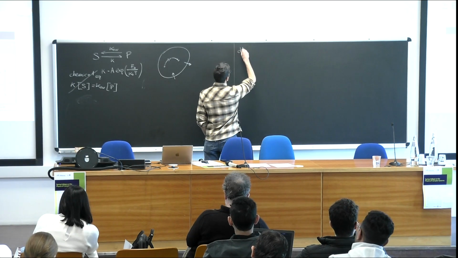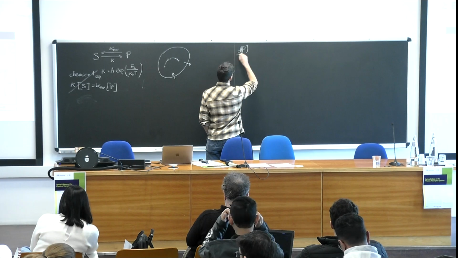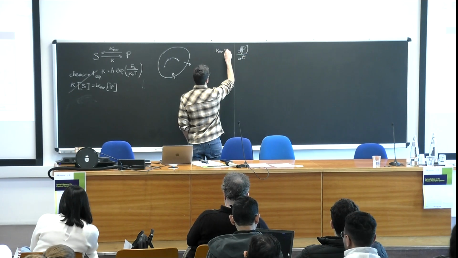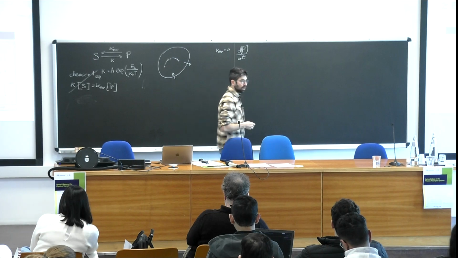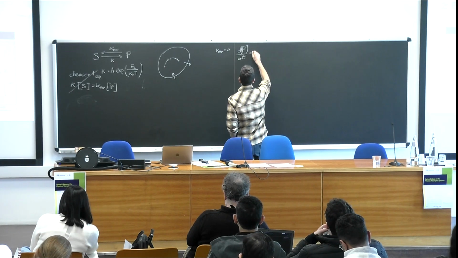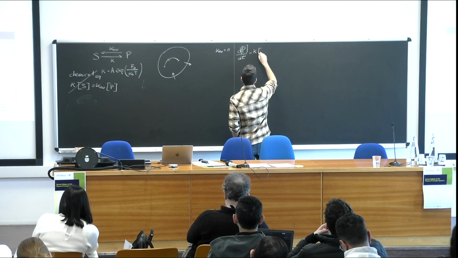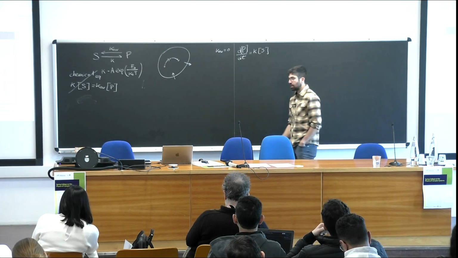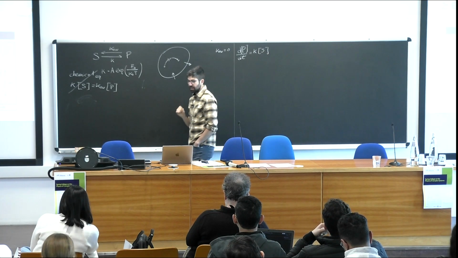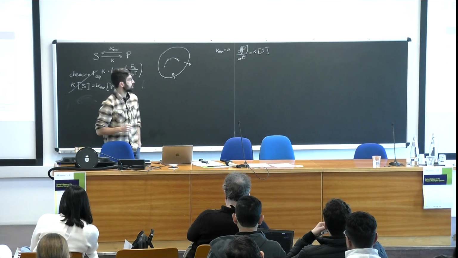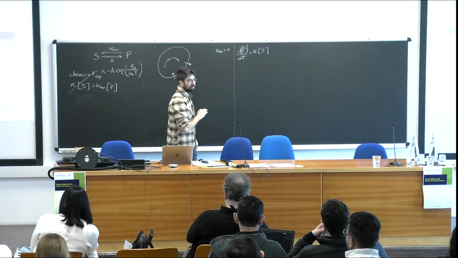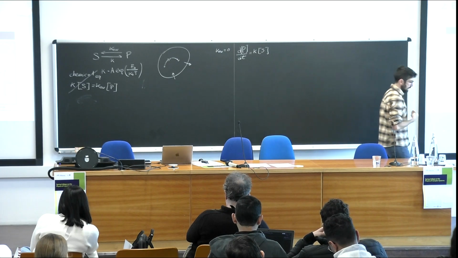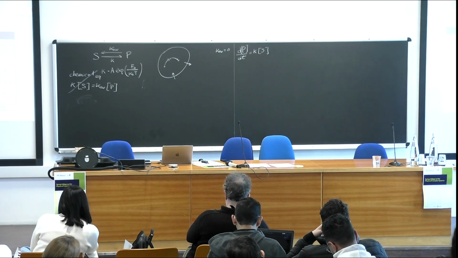Let's say that we focus on the concentration of the product, and we say that K-rev is equal to 0. Now, we have the concentration of the reactants, of the substrate, and there is some rate at which this occurs. So this is what happens if you have a reaction spontaneously occurring.